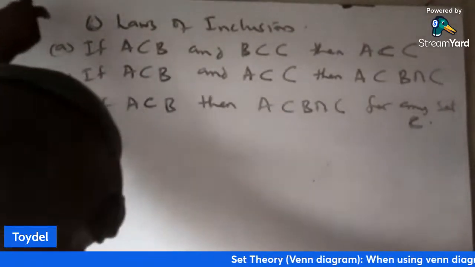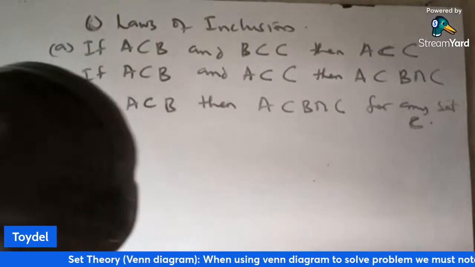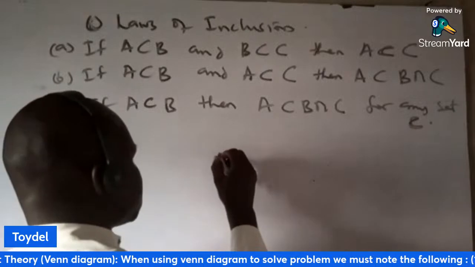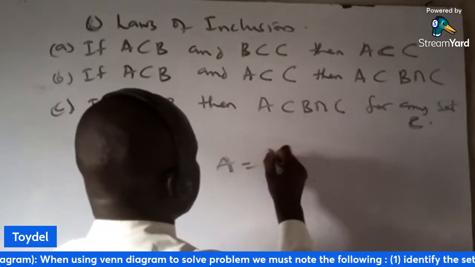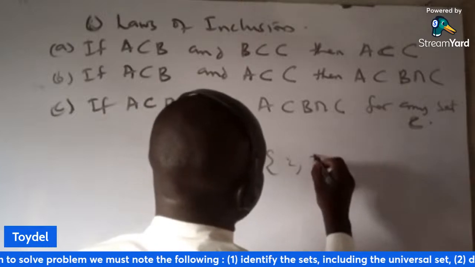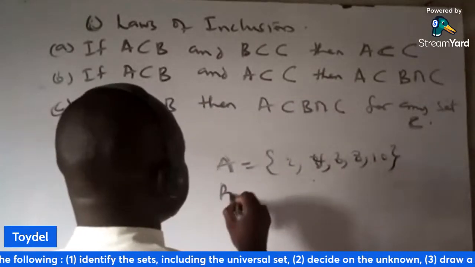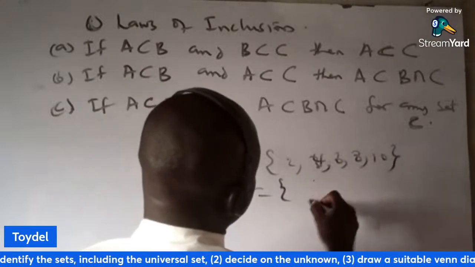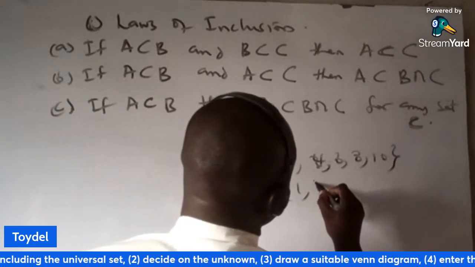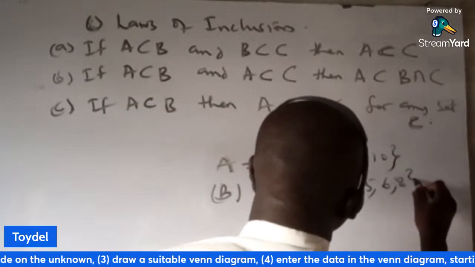So all these 8 laws are verifiable. You can just use simple examples. Just give a set. Define A as, maybe, even numbers from 1 to 10: 2, 4, 6, 8, 10. Then say B is equal to, maybe, odd numbers up to 6: 1, 2, 3, 4, 5, then include 6 and probably 8.